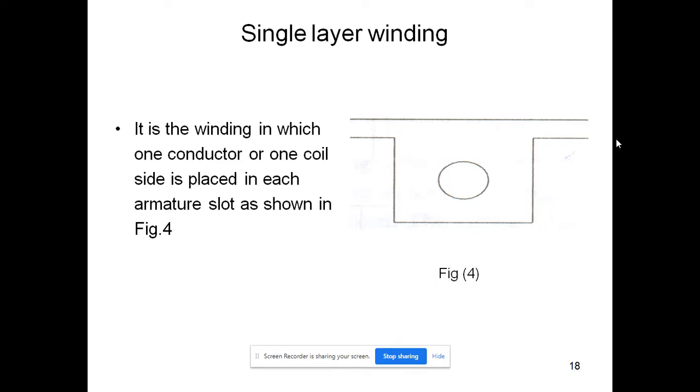It is the winding in which one conductor or one coil side is placed in each armature slot, as shown in the figure below.